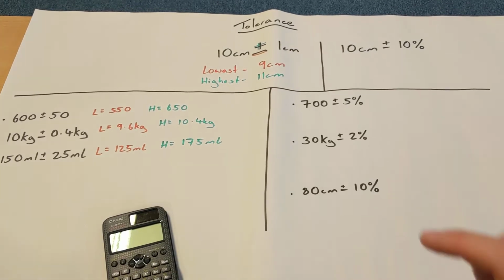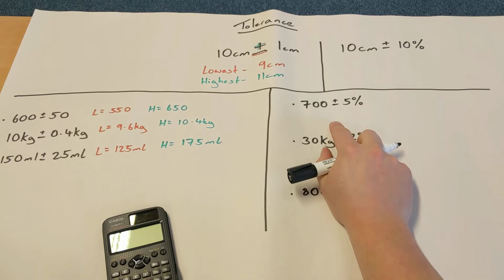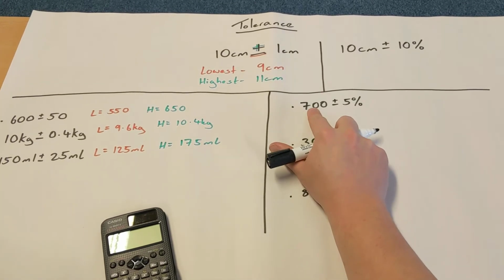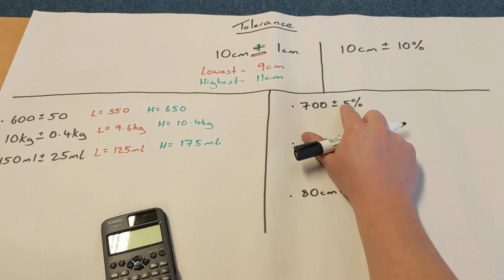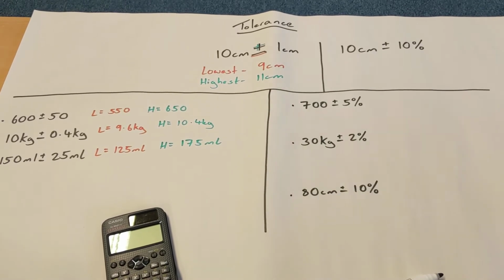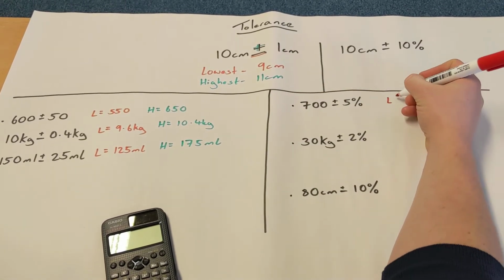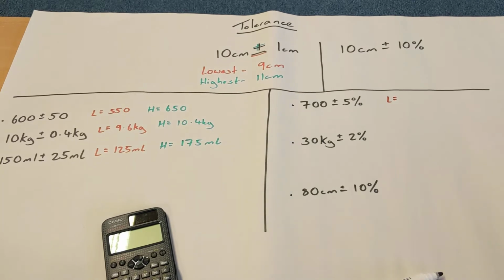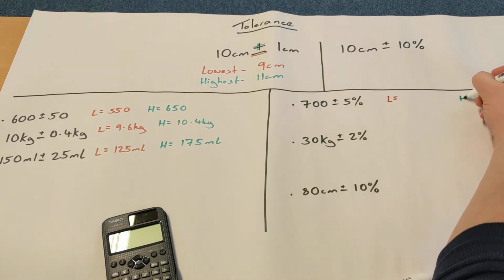So here we go, we've got some written as a percentage. So here we're saying it's 700 plus or minus 5%. So we will want to work out what the lowest value is within that tolerance and what the highest is.